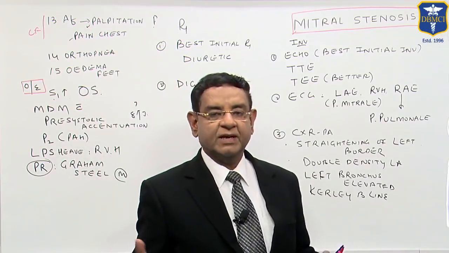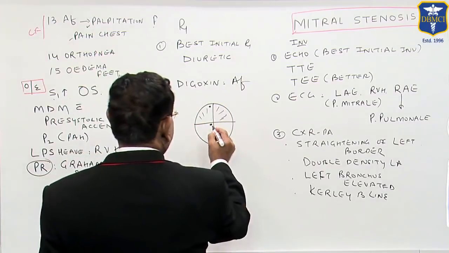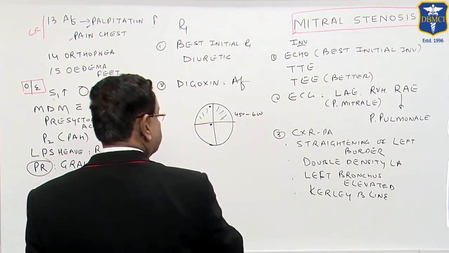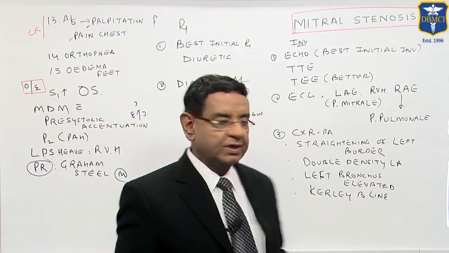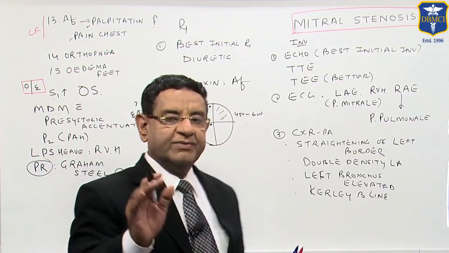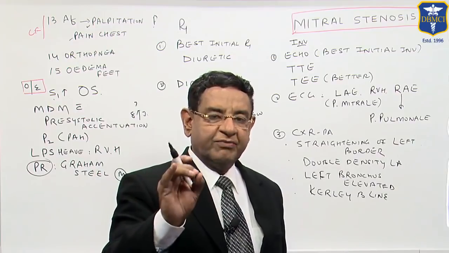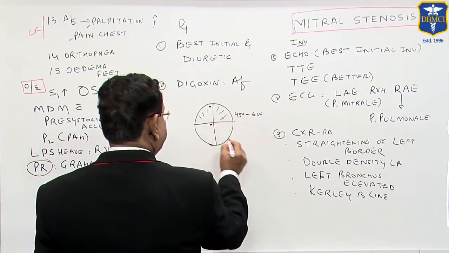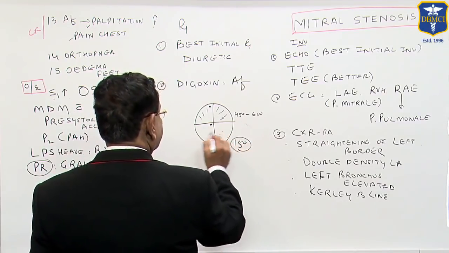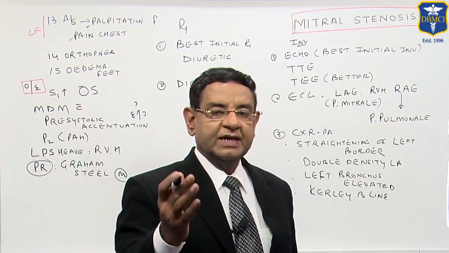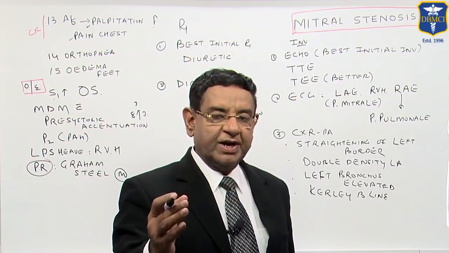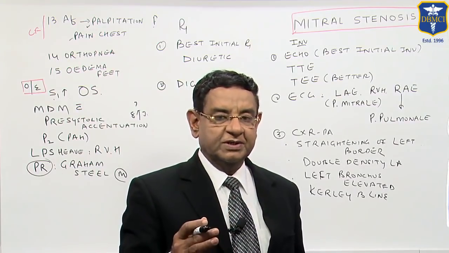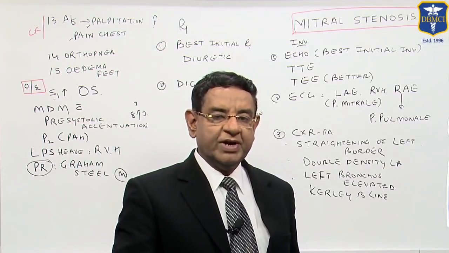A large number of impulses, maybe around 450 to 600, come to the AV node, and the AV node has the longest refractory period. So all impulses cannot come down, but maybe out of 450, 150 impulses come down. So the ventricular rate is about 150, and that leads to a rapid ventricular rate, and that leads to palpitation. This is the reason: palpitation is due to rapid ventricular rate.